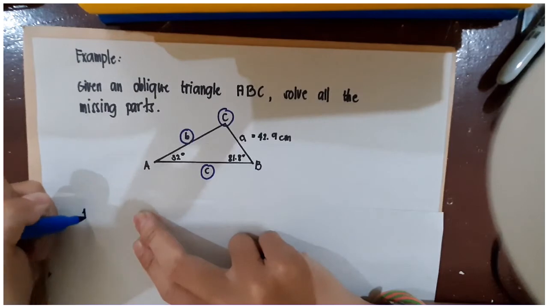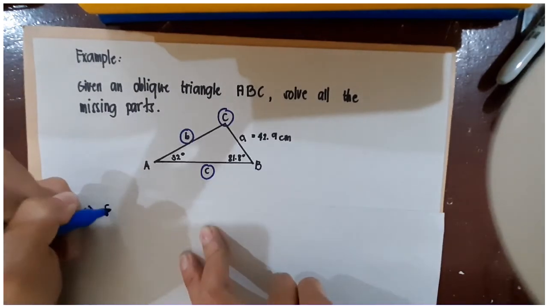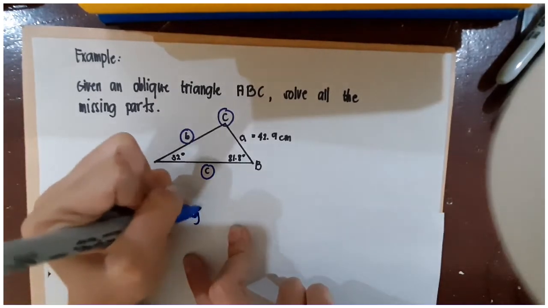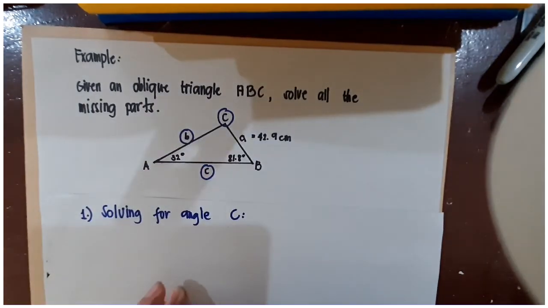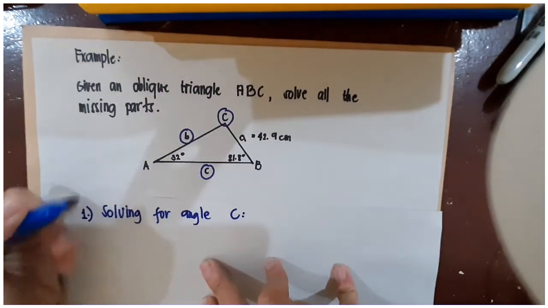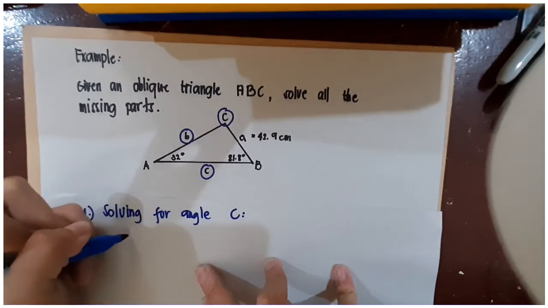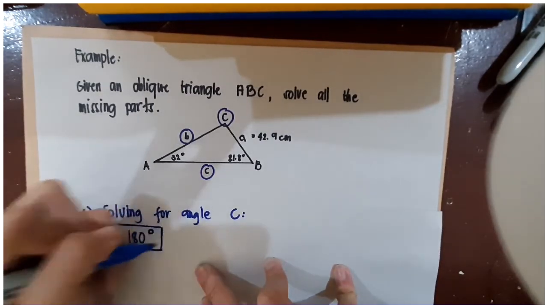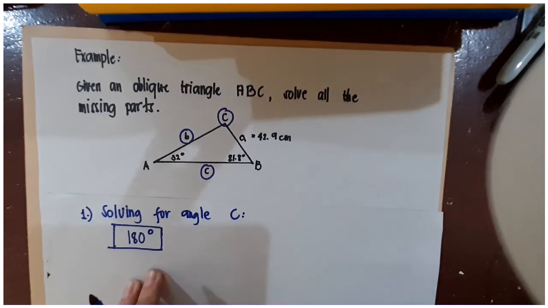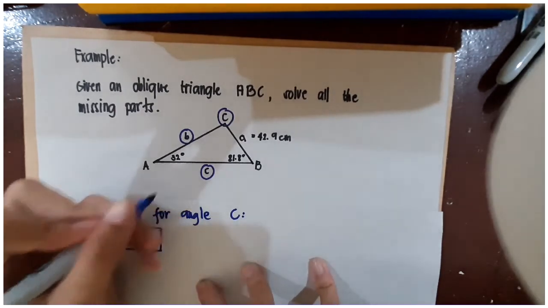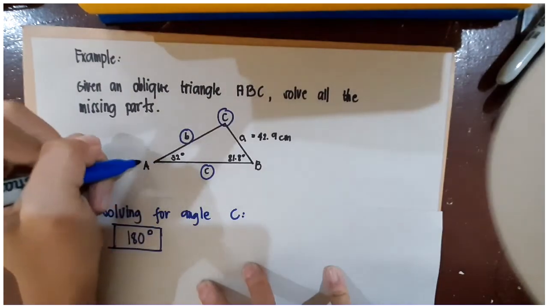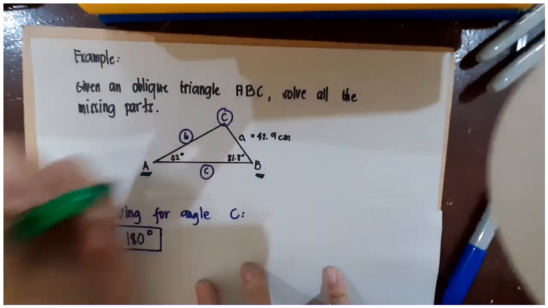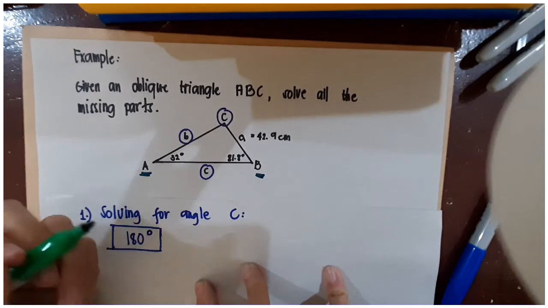So first we'll start with solving for angle C. Since we all know na ang sum of all angles of your triangle must equal to 180 degrees, all you have to do is you add your angle A and B and then subtract it to 180 degrees.